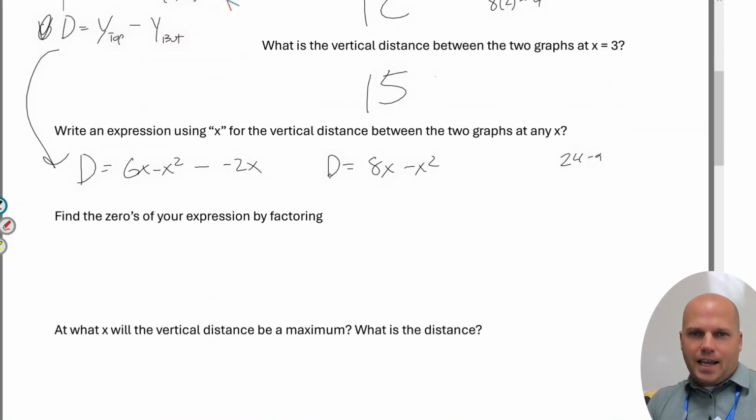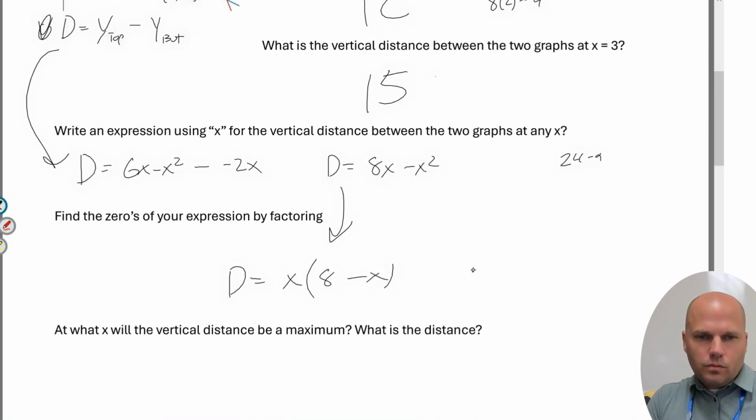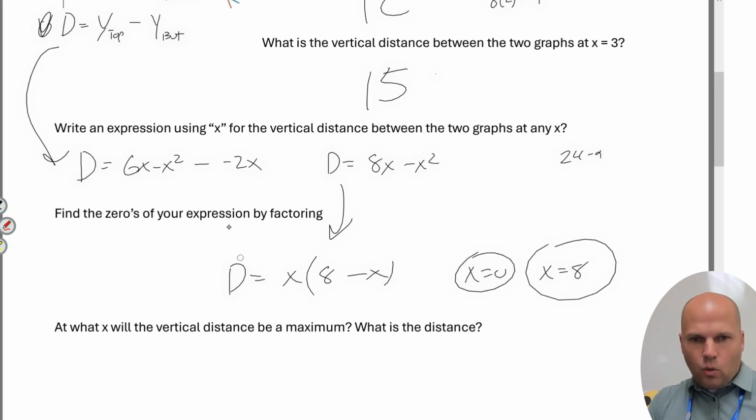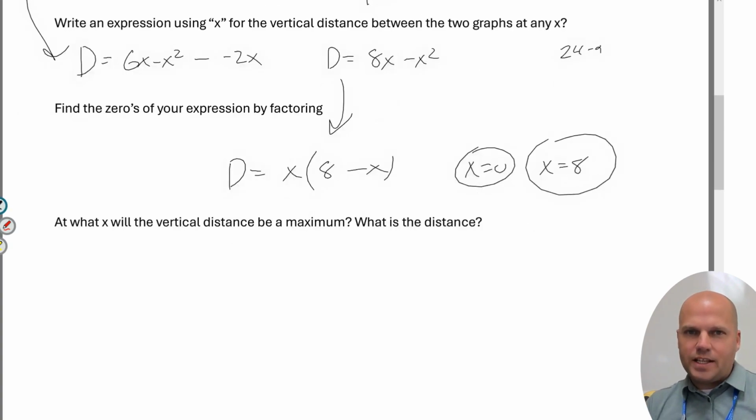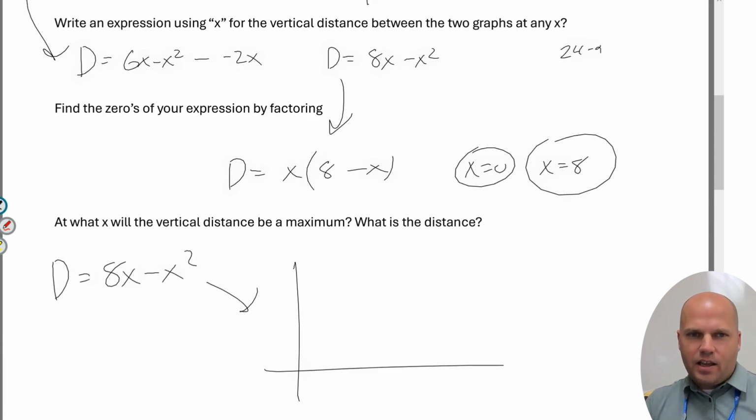But look at this. I can understand through my analysis of this equation how x equals 0 and x equals 8 will be locations where my distance is 0. When will my distance be a maximum? Well, let's think about the graph of this equation. This equation is a quadratic. We know we have zeros of distance.